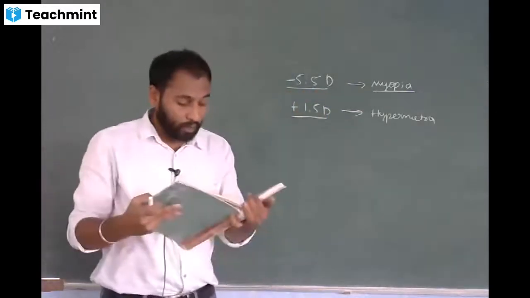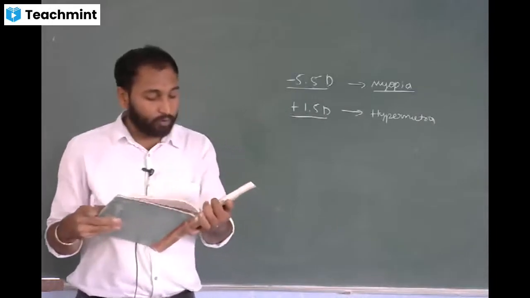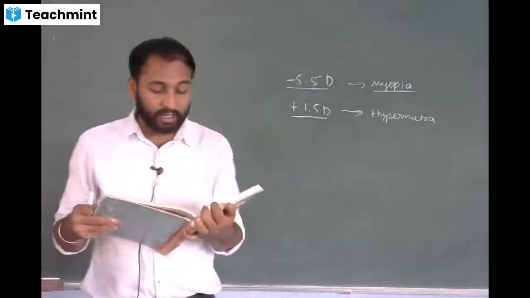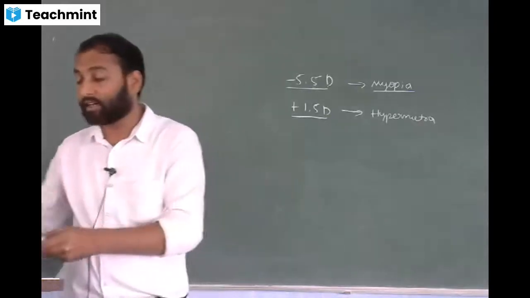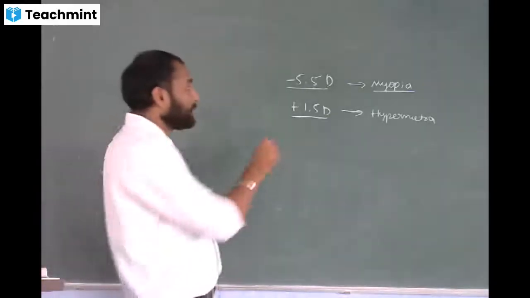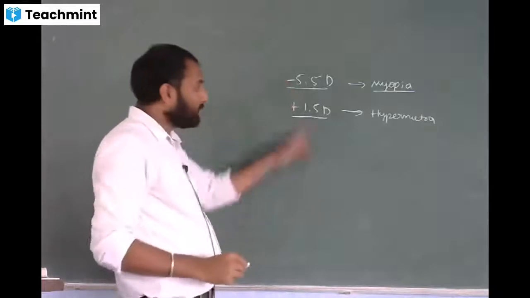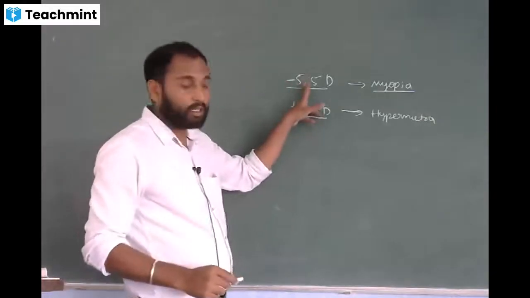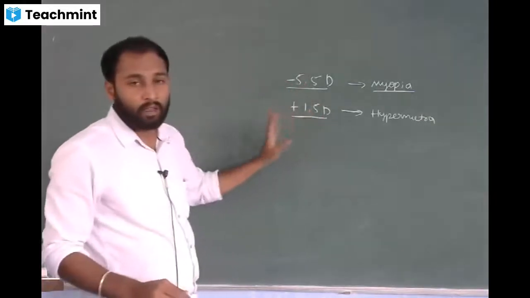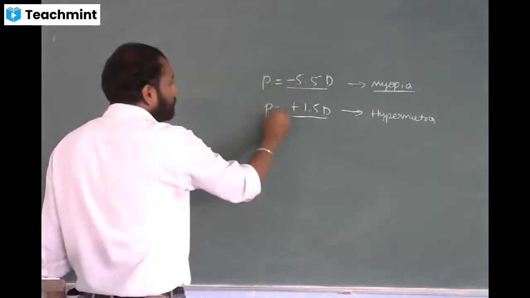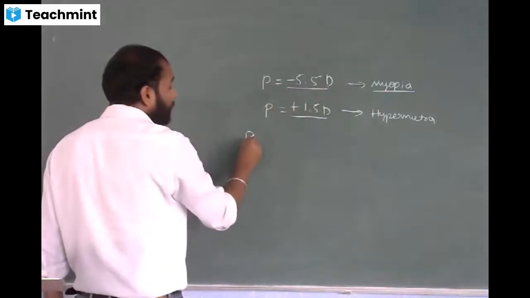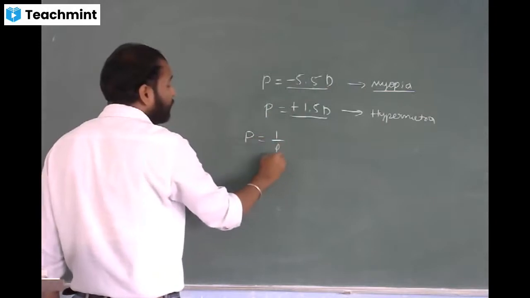Now the question is, what is the focal length of the lens required for correcting distant vision as well as near vision? So we have to calculate the focal length for distant vision as well as near vision. Power is given. We know power of a lens is equal to the reciprocal of focal length.